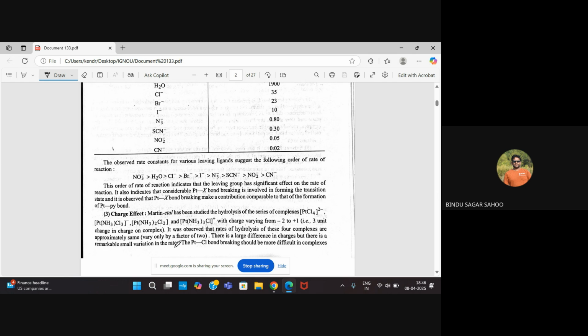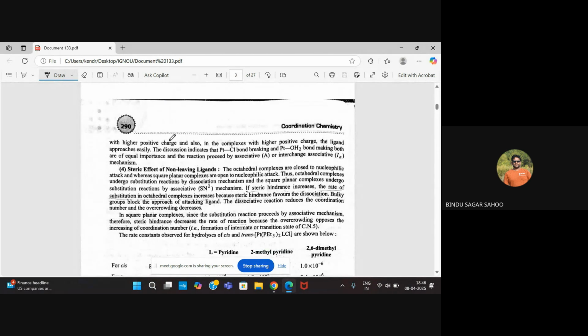Yes or no? The platinum chlorine bond breaking should be more difficult in complexes with higher positive charge. That means in higher positive charge cases, the platinum chlorine breaking should be very difficult, and in lower positive charge cases, the platinum chlorine breaking should be very easy. But here, the rate constant value is almost equal. That means here the platinum chlorine bond breaking is not a major factor.